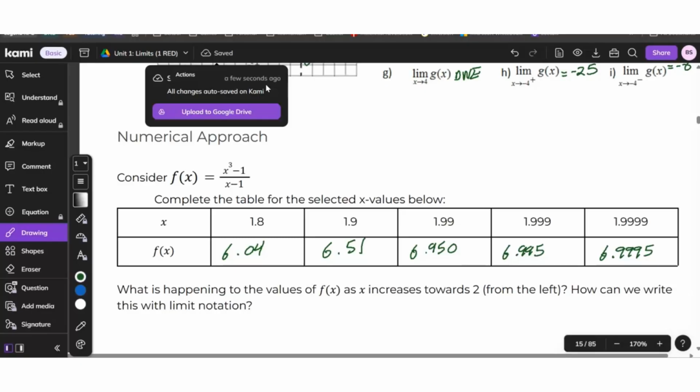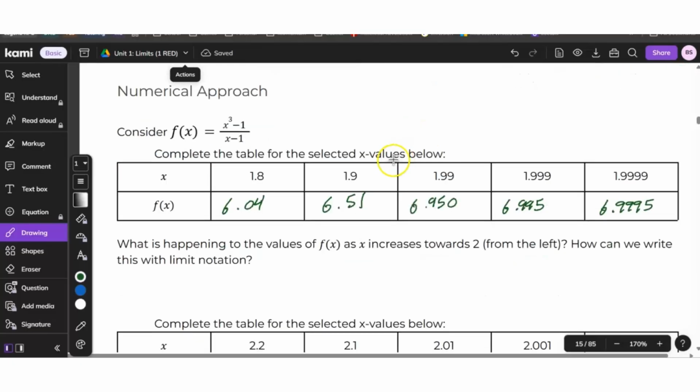Carolina, what is happening as we approach 2 from the left? As we get closer to 2, what's happening? Emilio, you are not Carolina, man. What are we getting closer to? To 7. How would we write that, guys?